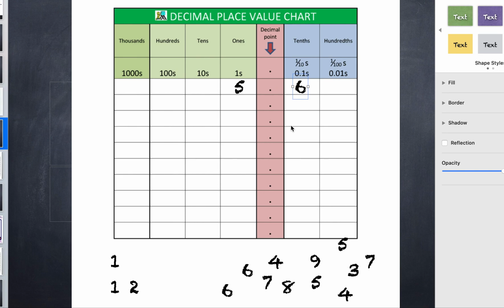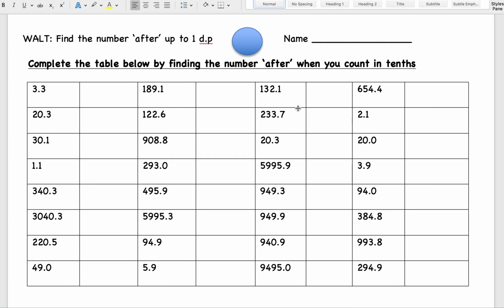We're just going to increase the tenths. So we're still going to have 5 in the units, but this time we're going to add 1/10 to the 6. So 6 tenths plus 1/10 is, of course, 7 tenths. Okay, so yesterday we were subtracting from this column, circles group. Today we're adding 1/10.